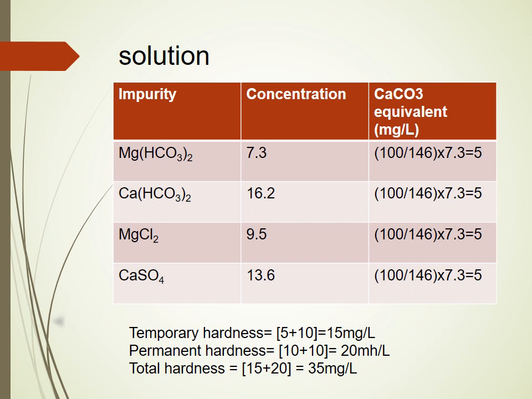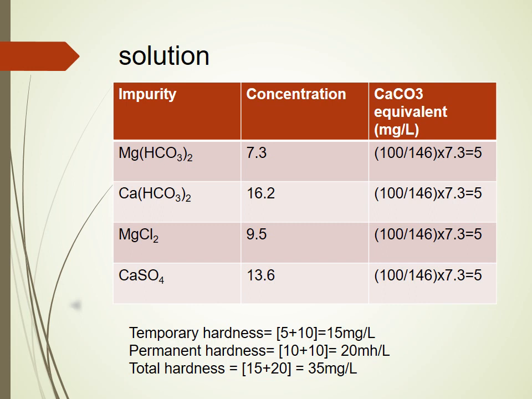In the question, the temporary hardness is due to magnesium bicarbonate and calcium bicarbonate. So we determine the temporary hardness by adding their concentrations, that is 5 plus 10, which equals 15 milligrams per liter.